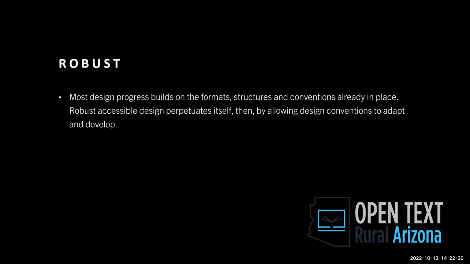A good way of saying this is that all of the formats, the structures, the conventions that already exist in place are what gets built on when progress happens, right? So it's rarely carte blanche that we would start all over and come up with something new, but we take what already exists and then we make it even more accessible as we're able to.